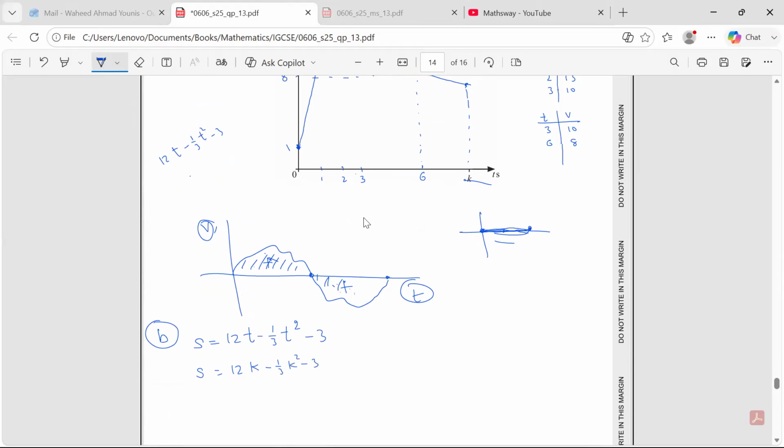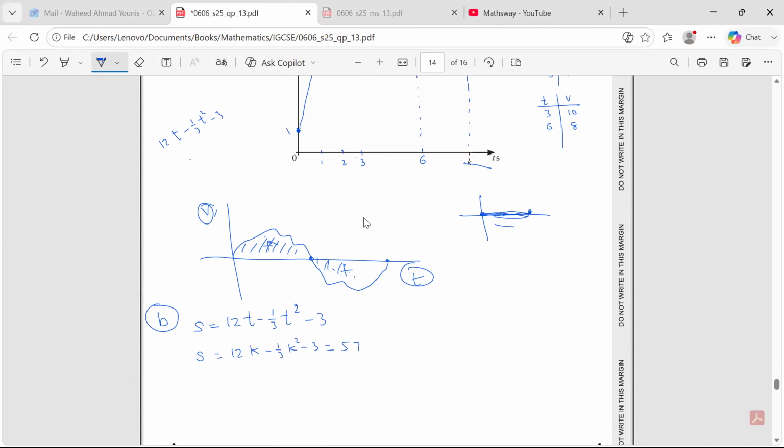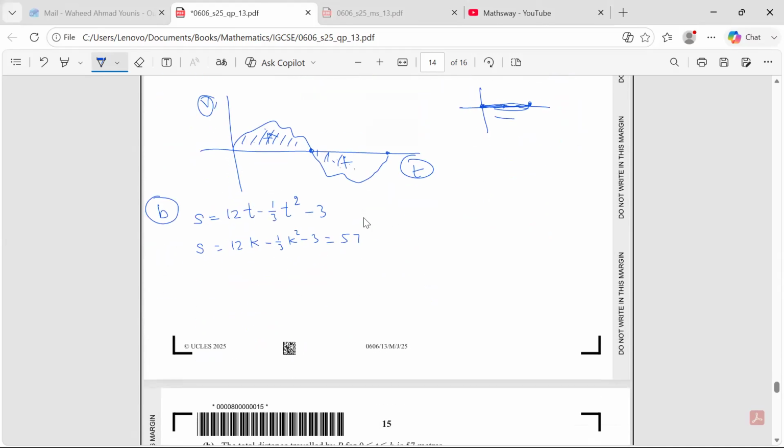Am I right? And this distance is given as 57. We have to solve this equation and find the value of k. Easy. So it will become 60 here, so I have minus 1/3 k square plus 12k equal to 60.